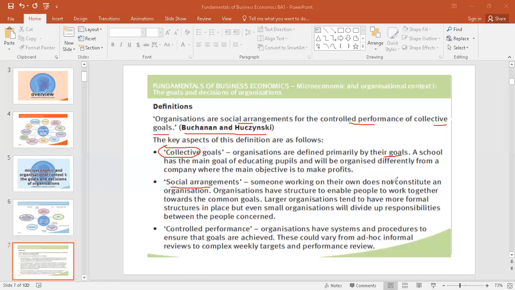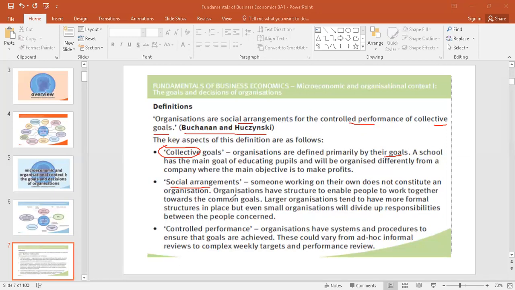So someone working on their own does not constitute an organization. Organizations have structure to enable people to work together towards the common goal. Only then can it be called an organization, when they have a common goal. And this common goal will be the goal of everybody who comes together to join hands towards the common goal.